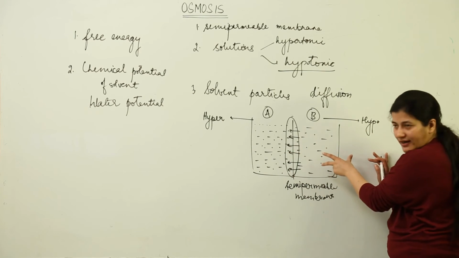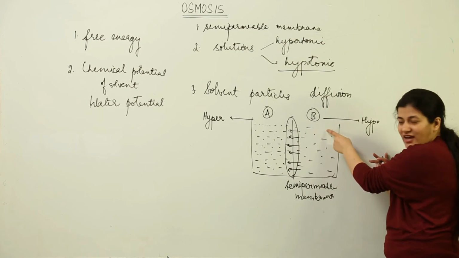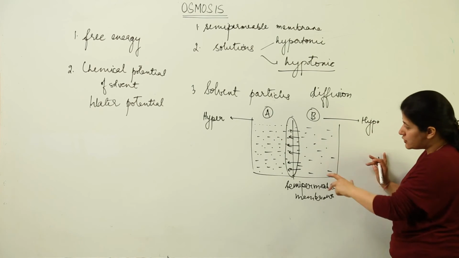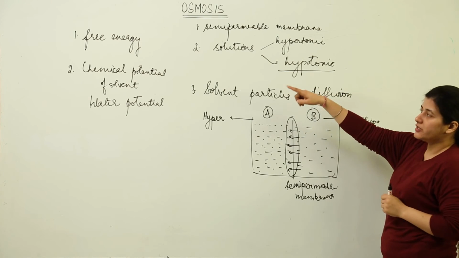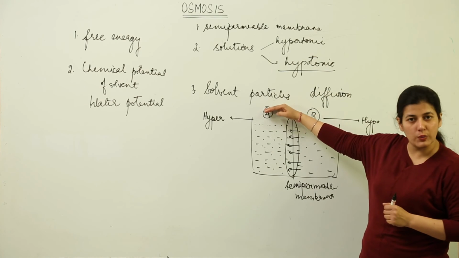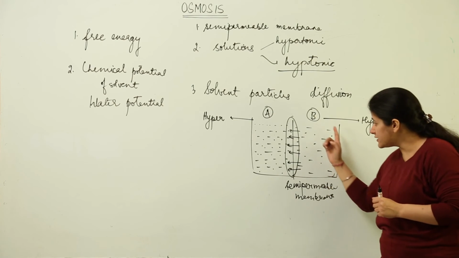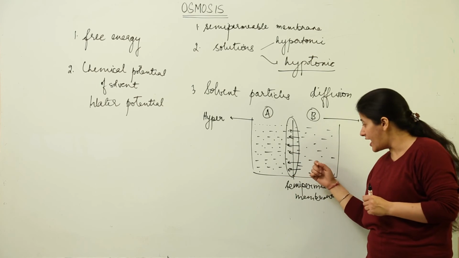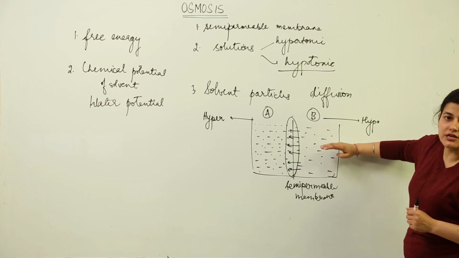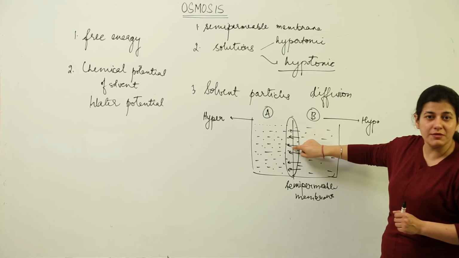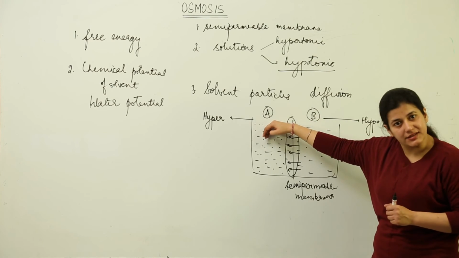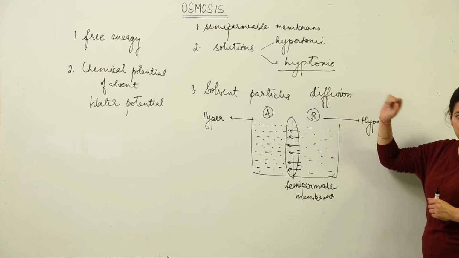As you can see from the diagram itself, over here the solvent molecules have a greater free energy, while in this case the free energy is comparatively lesser. So analyzing the definition in terms of free energy, osmosis is the diffusion of solvent particles from this solution which has their higher free energy. That means the solvent particles at a higher free energy level diffuse through a semi-permeable membrane to the region where their free energy is lesser. This is one definition in terms of free energy.